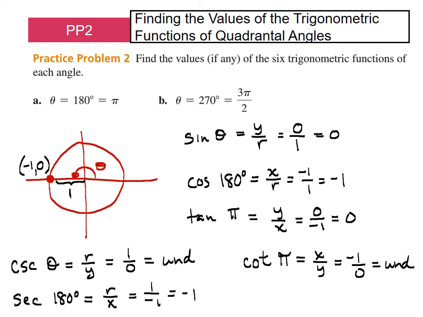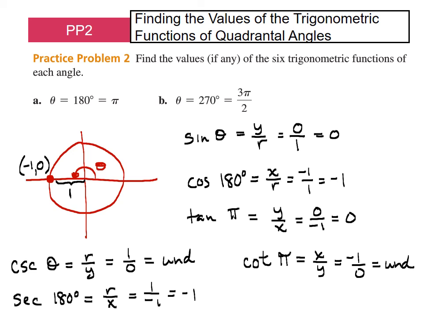Actually, let's go back even further. Can sine and cosine ever be undefined? I don't think so, because you're never going to be at the origin. You're going to be at a certain place outside of the origin. So cosine and sine never become undefined.